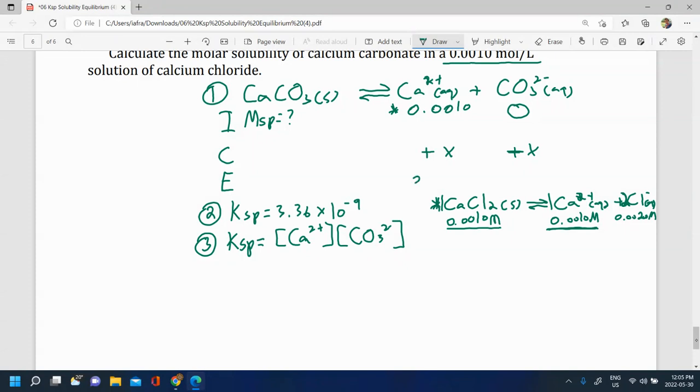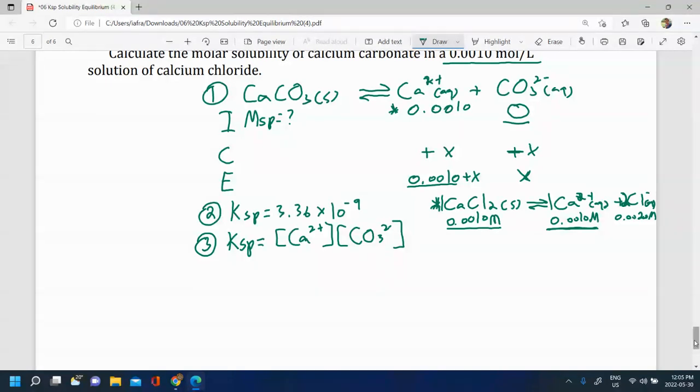And we're going to get over here 0.0010 plus X, because we're dissolving more calcium carbonate, so we get more calcium. And then this is simply X. The reason carbonate is simply X is because we had 0 to begin with, and then whatever dissolves will be our X value. And the reason we have this over here is because we already have some calcium in the solution.